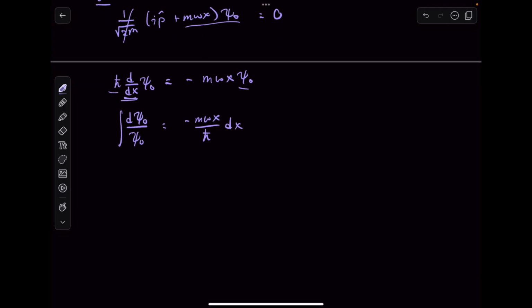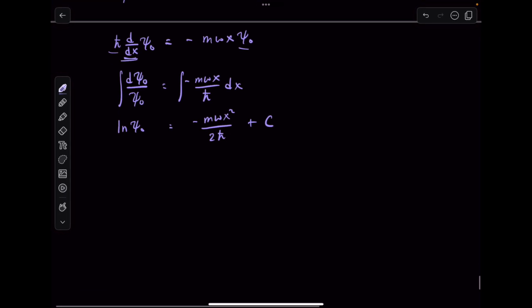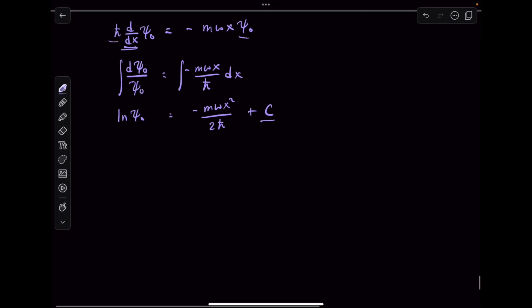So if we just integrate both sides, we know on the left side we'll get the natural log of the ground state, and this will be equal to negative mass times omega position operator squared over 2 h bar plus some constant. And the constant that we would have gotten from the left side, we'll just absorb it into the right side and all into this c here.